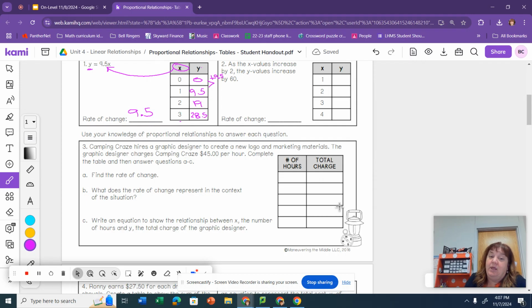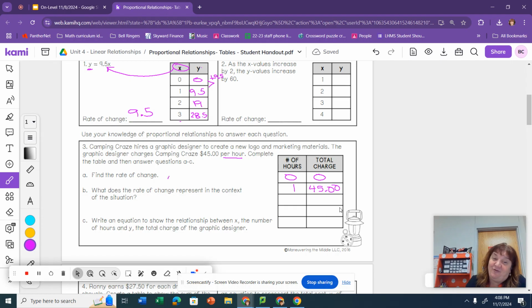So that means in 1 hour, we'll pay $45. If there's 0 hours, we paid 0. So what is the rate of change? I'm going to let you answer that.